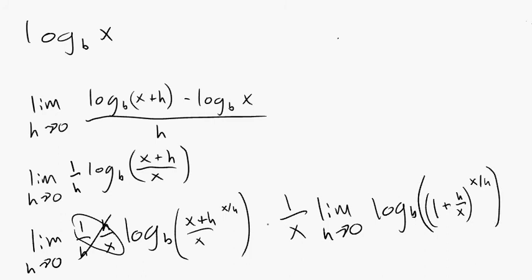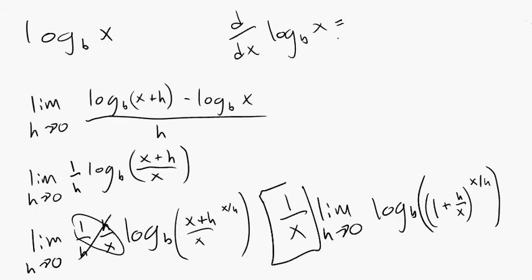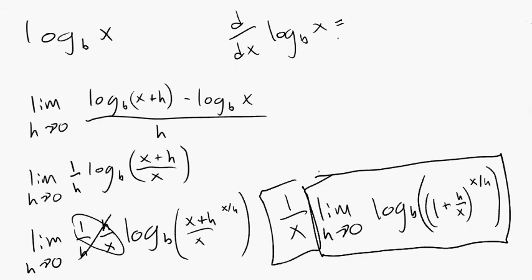So then what we get is that the derivative of a logarithmic function is equal to 1 over x times another constant.